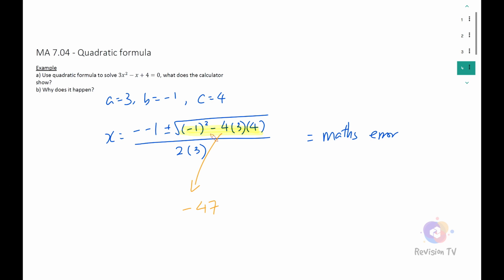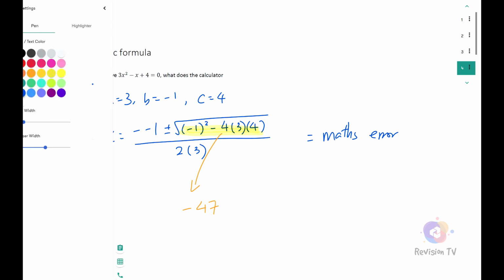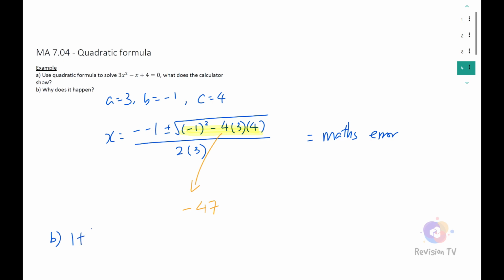The issue is you cannot square root negative numbers, and that's why it doesn't give you any value. So for part B, you would say it happens because you cannot square root negative numbers.